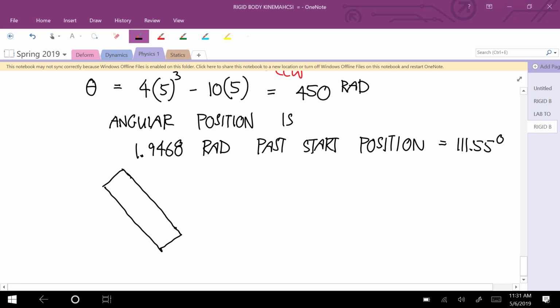And so we are talking about this. So here's our point C. Here's the vertical. Here's A. And this angle is 21.55.